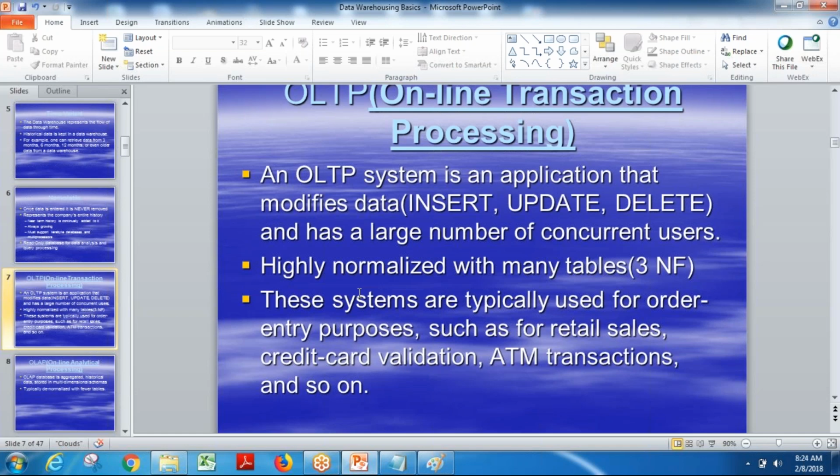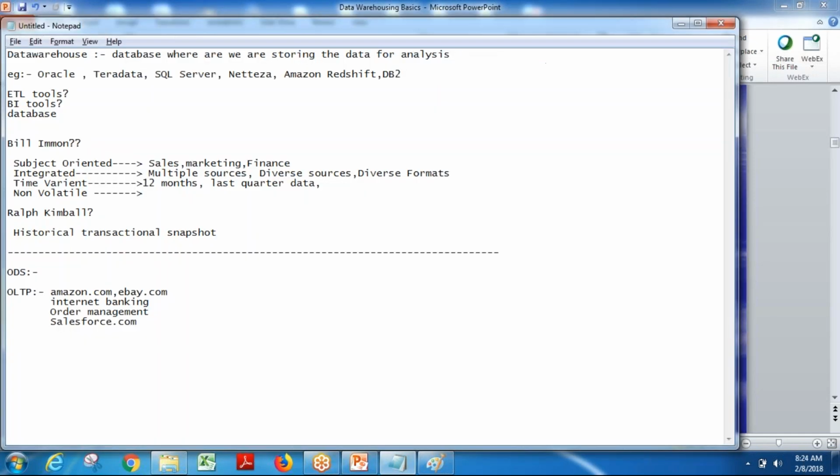Most of the time we don't really store the historical data, but it depends on the application. Most of the time, OLTP system design may consider storing even up to the last 90 days of data, depending on the business purpose. It's not mandatory that every transactional application will store 90 days of data.